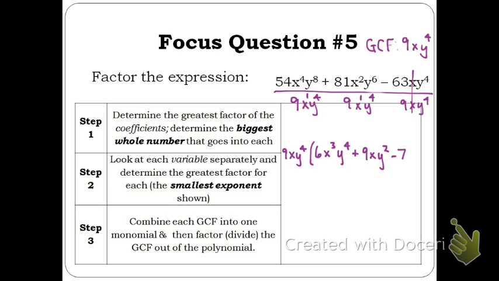X divided by x, that cancels, and y to the 4th divided by y to the 4th. Wow, both variables cancel, leaving us with just minus 7 in the back. And we are completed with this. So here we are with our final answer.